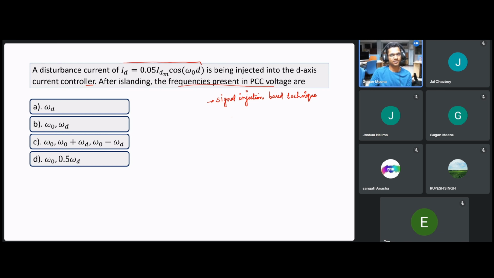And we are injecting this disturbance into the D-axis current. There's some delta ID we are adding.